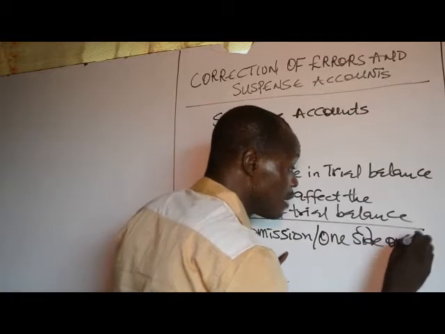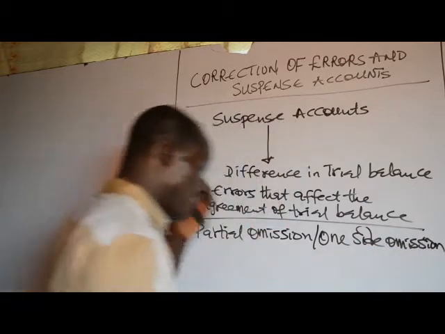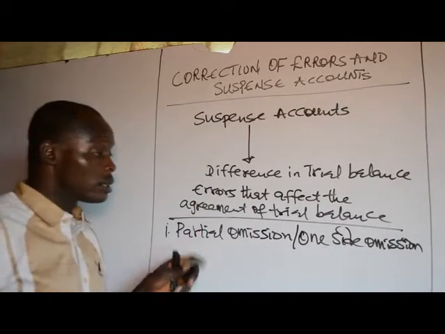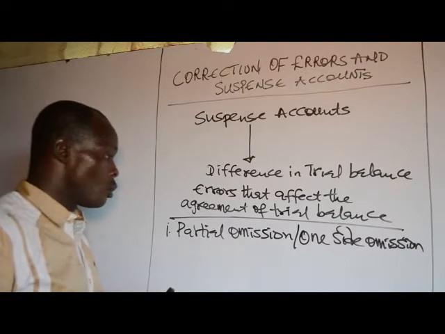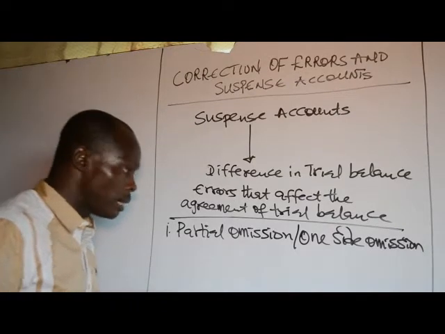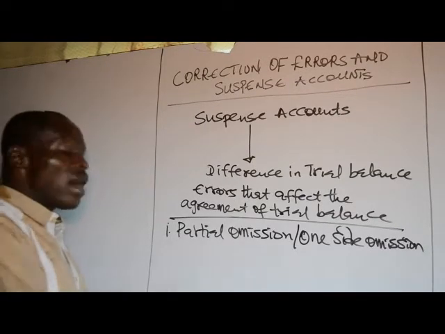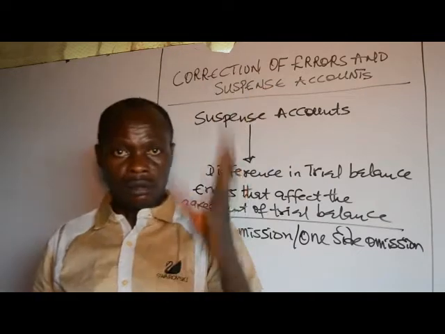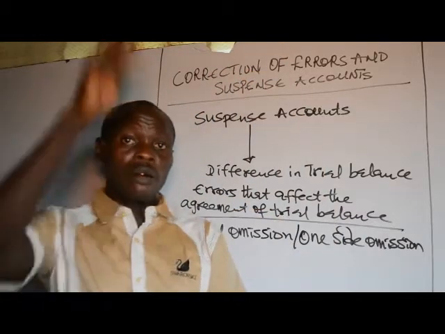This is different from complete omission, which we examined under errors that do not affect the agreement of the trial balance. So, partial omission means only one aspect of the double entry is kept. You only record one aspect.